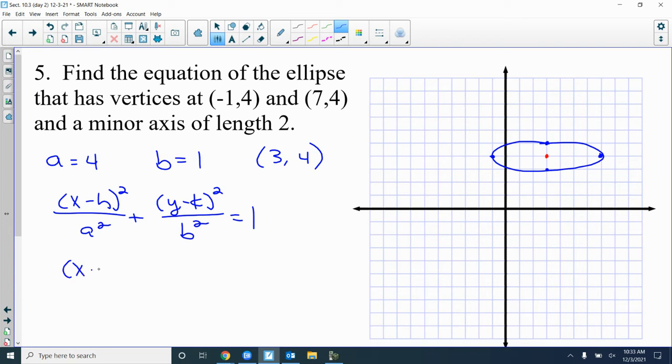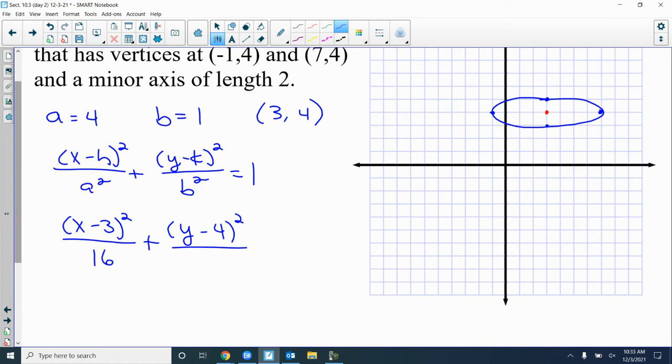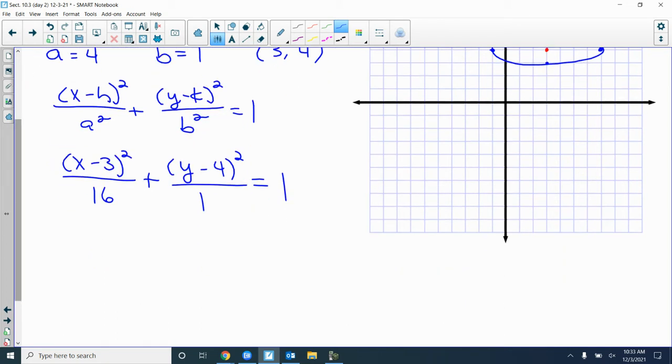So x minus 3 quantity squared over 16 plus y minus 4 squared over, what do we get here? 1 squared is 1. Equals 1. Okay, so I get that. More often than not, like ACT test or whatever, if they're listing this as an answer, they're not going to put it over 1. If you do, it's absolutely fine, but it's probably going to be just listed like that.